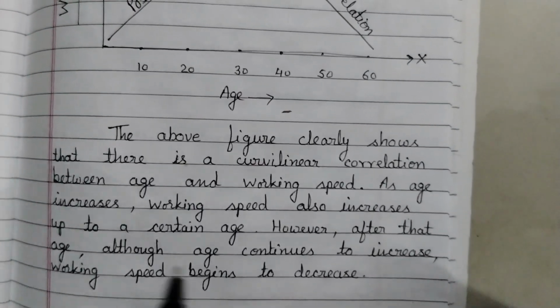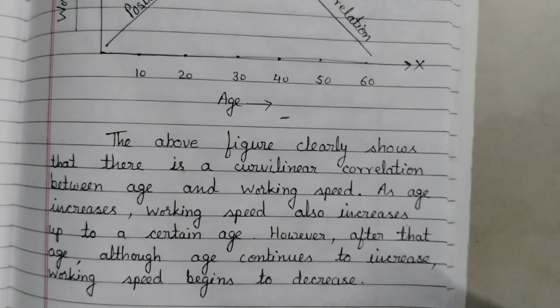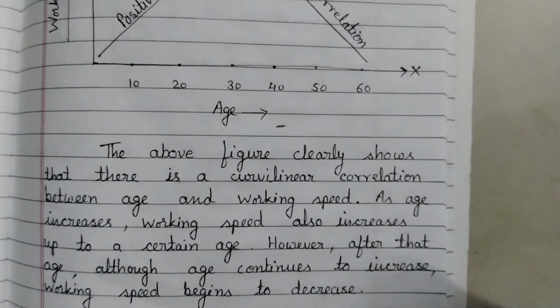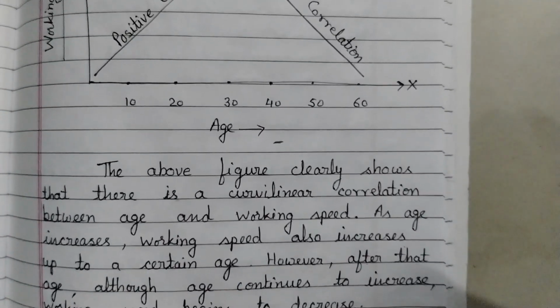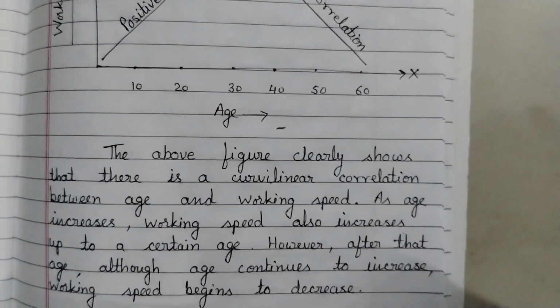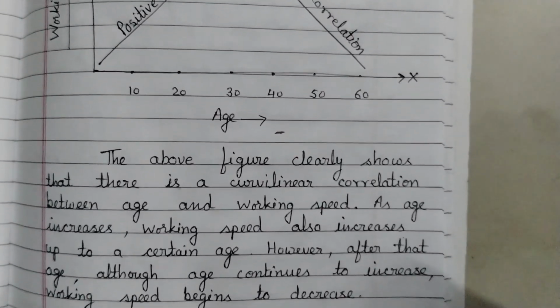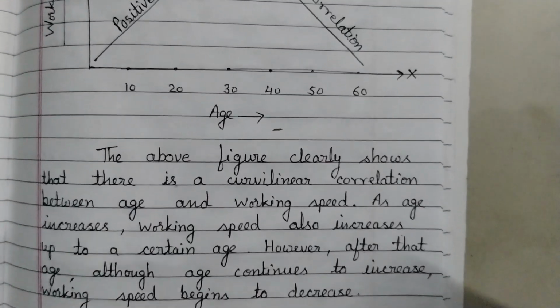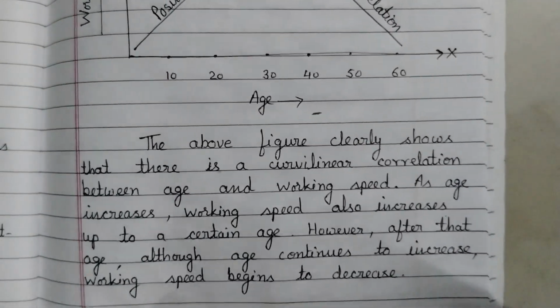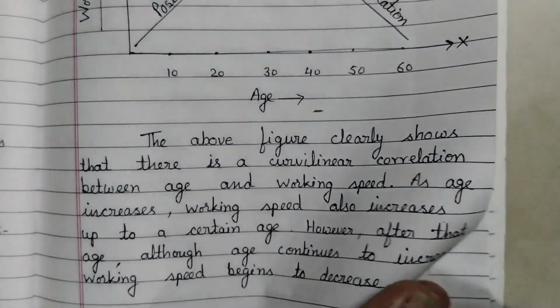So when age is increasing and working speed is increasing, positive correlation is observed in that portion. And when age is increasing and working speed is not increasing but decreasing, in that part negative correlation is observed. So this is curvilinear correlation.